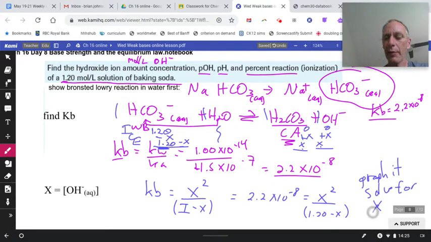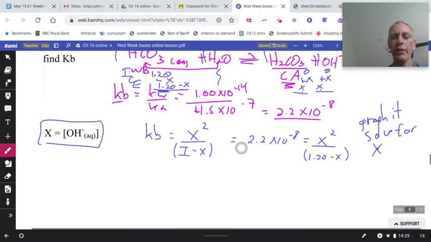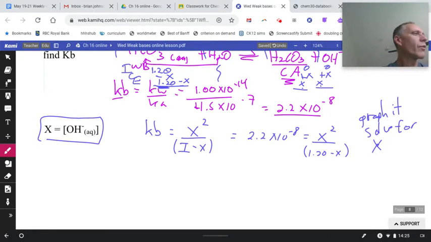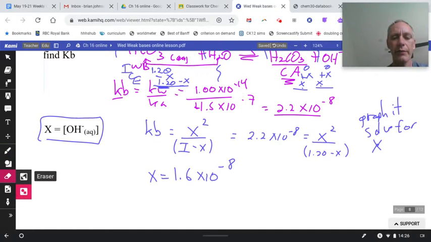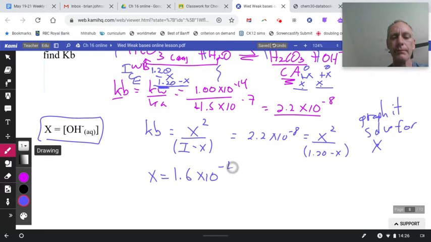And remember that once you have x, we have our concentration of hydroxide. So when you graph it and solve for x, you get x equals 1.6 times 10 to the negative 4. And that is our concentration of hydroxide.